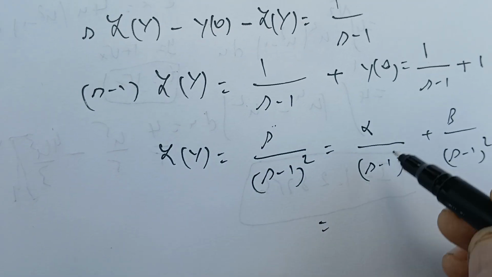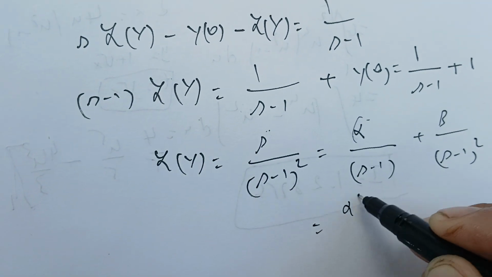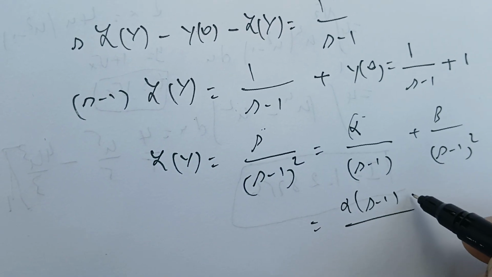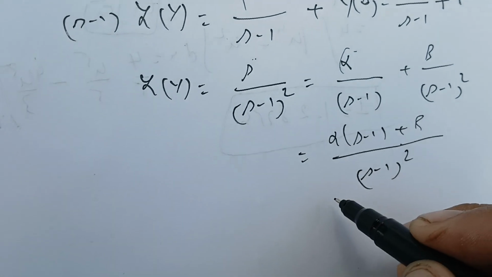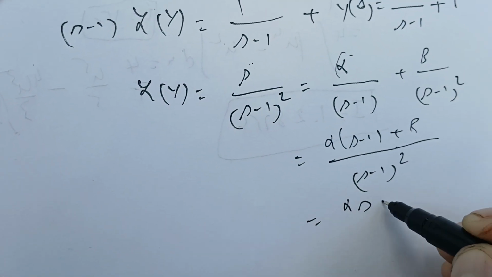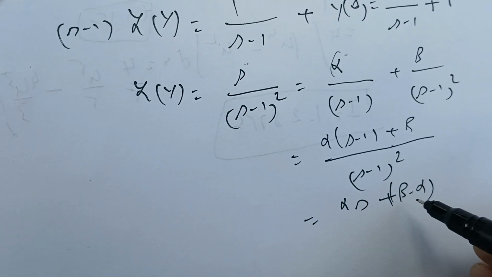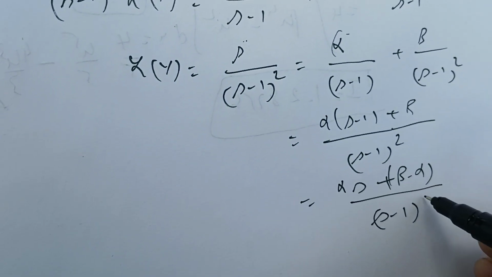Okay, and if we multiply here by s minus 1 squared, we get this simplification. And therefore, we have alpha s plus beta minus alpha over s minus 1 squared.